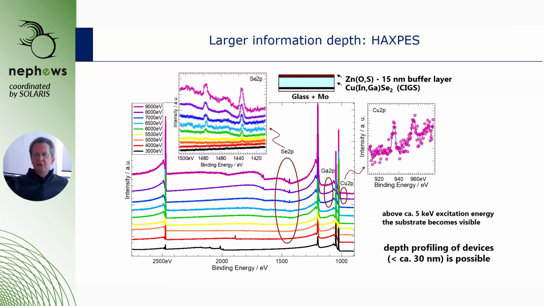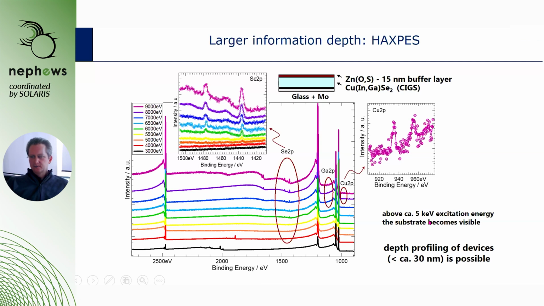And therefore, when we go for these higher energies typically available at synchrotrons, we can look deeper into a sample and we can actually make some kind of depth profiling of an entire device as long as the device is around 30 nanometers thick. This is the practical thickness that we can go for with this high energy photoemission, or HAXPES as it is called, very often at synchrotron light sources.